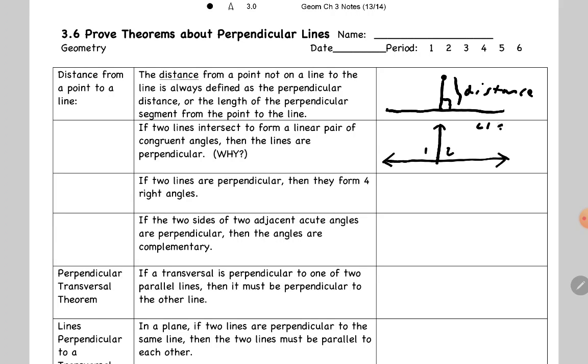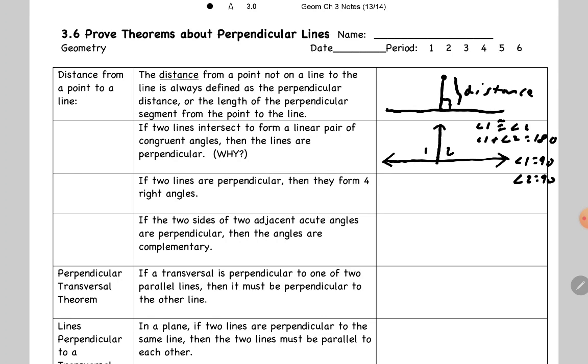They say angle 1 is congruent to angle 2, and they form a linear pair. That means they're supplementary, which means angle 1 plus angle 2 equals 180. So since they're equal, each of these is 90 degrees. So that's why those are perpendicular.